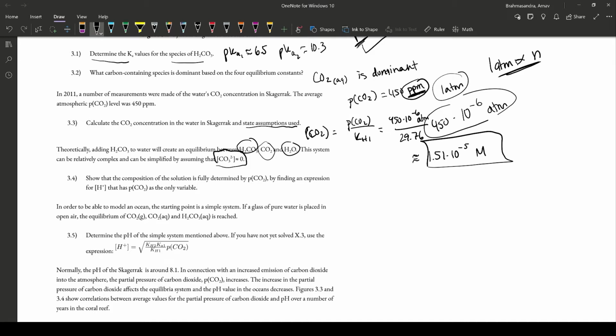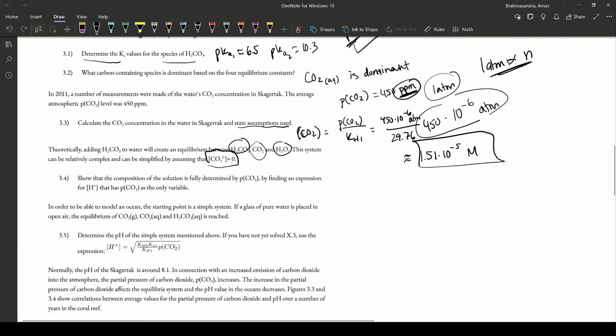So let's do this question, 3.4. Show that the composition of the solution is fully determined by the pressure of CO2 by finding an expression for H plus that has pressure of CO2 as the only variable. Okay, so what we always want to do is write mass balance and charge balance, right? So let's write charge balance. That's easy.